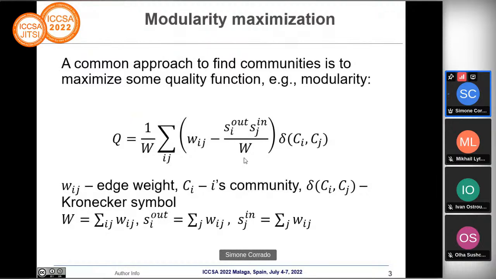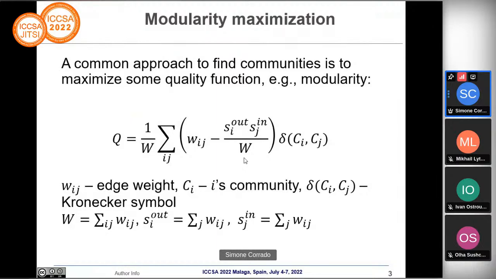And then the sum just sums those scores that are assigned to pairs of nodes that fall into the same cluster. Then you can try to optimize this quality function to find communities in networks.